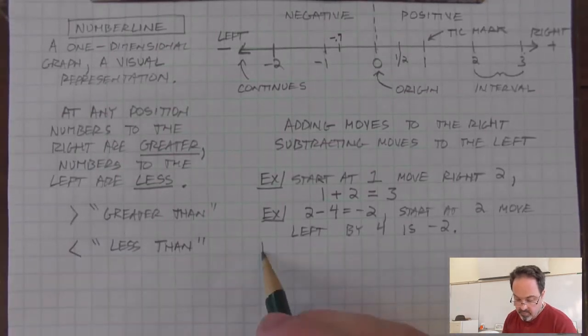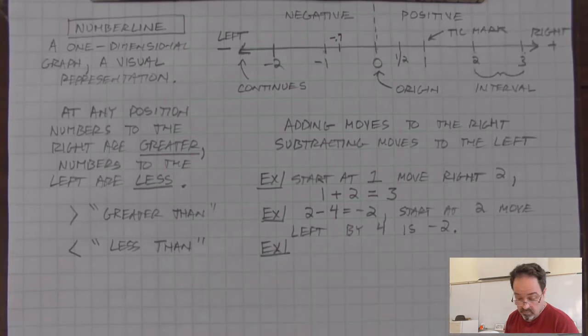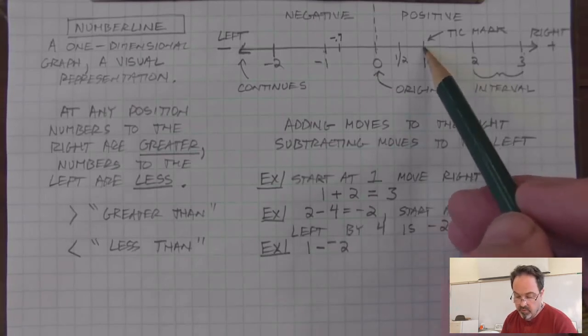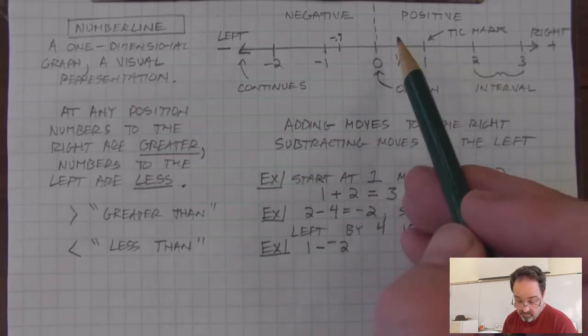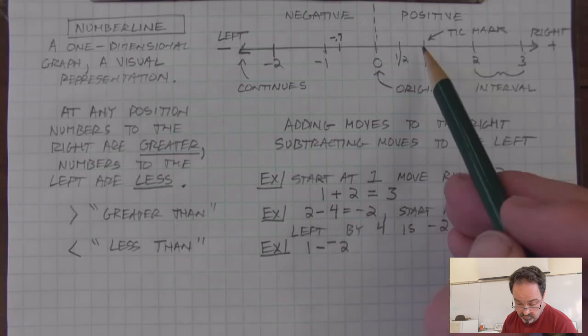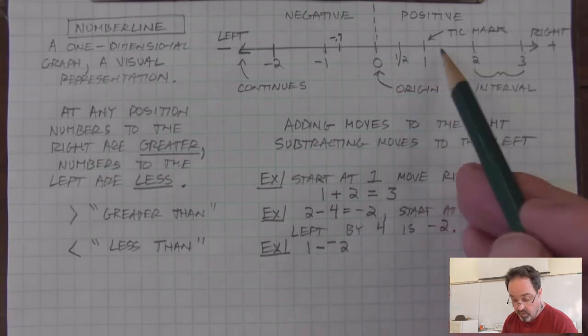What happens if we subtract a negative? In other words, what if we were at 1 and we subtracted a negative number 2? We would start at 1, but we're going to move to the left by a number that's negative, so we're going to change direction and move to the right instead.